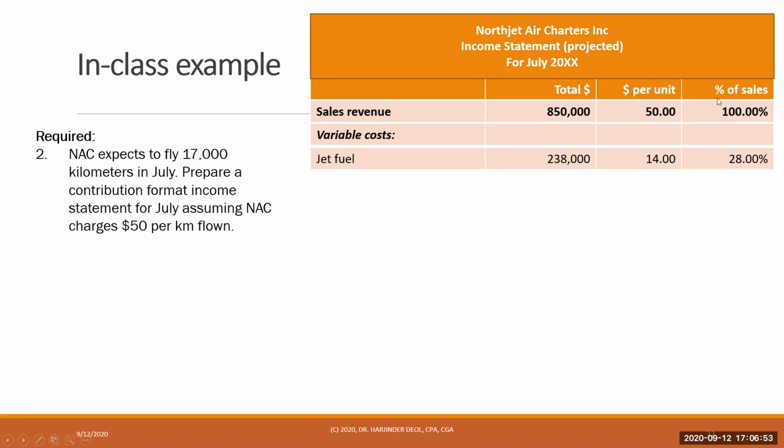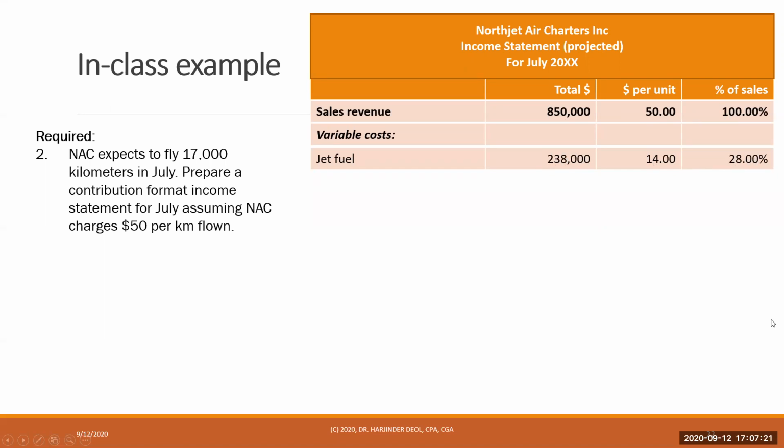Now, if you were to calculate it as a percentage of sales, probably easiest to divide $14 by the $50 per kilometer. 14 divided by 50 gives you 28%. You could also have divided the $238,000 total dollars by the sales of $850,000. You will have gotten 28% as the percentage of sales.